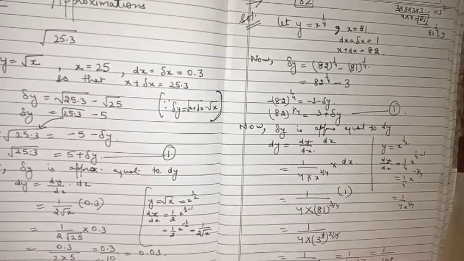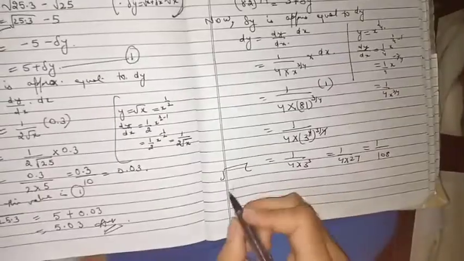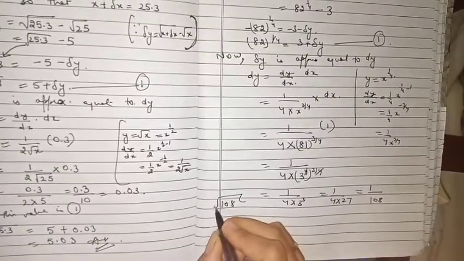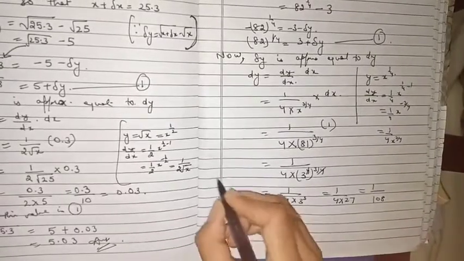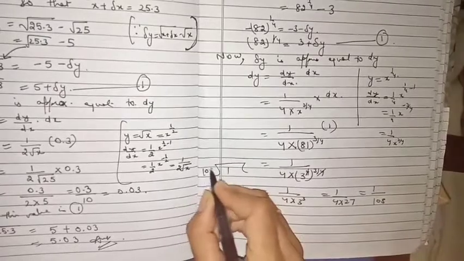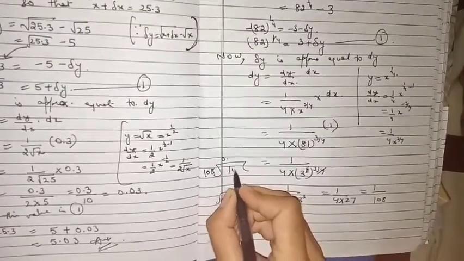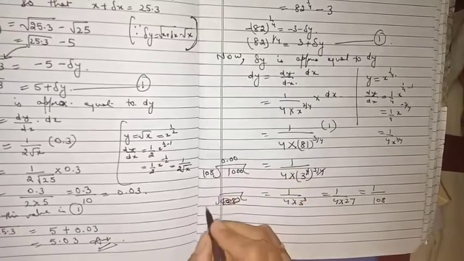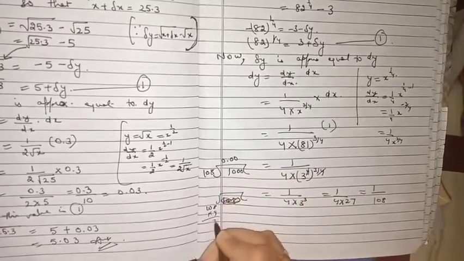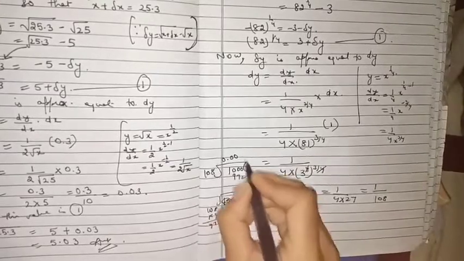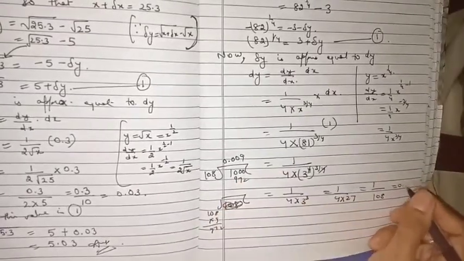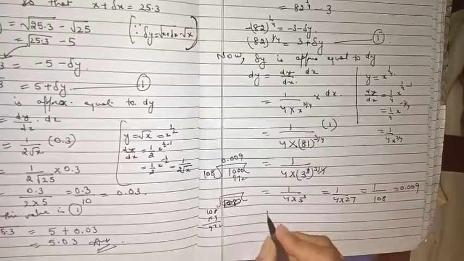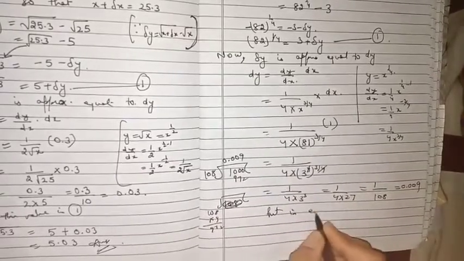Now you can divide 1 by 108. 0.0, again 0. Now 108 into 9 is 972. So here it is 0.009.